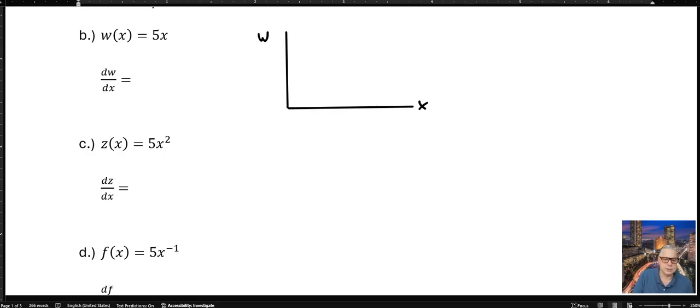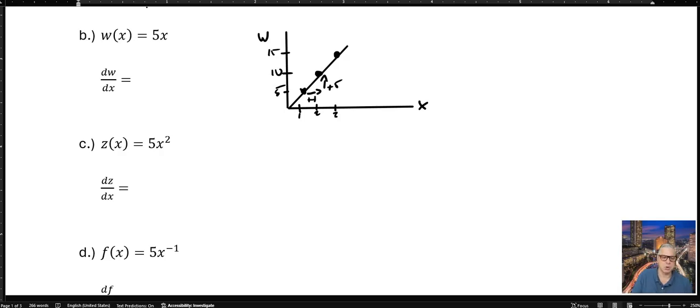And so at 1, this would be 5, and at 2, this would be 10, and at 3, that would be 15. Okay, so this function would look something like this. So it's pretty much a straight line, something like that.